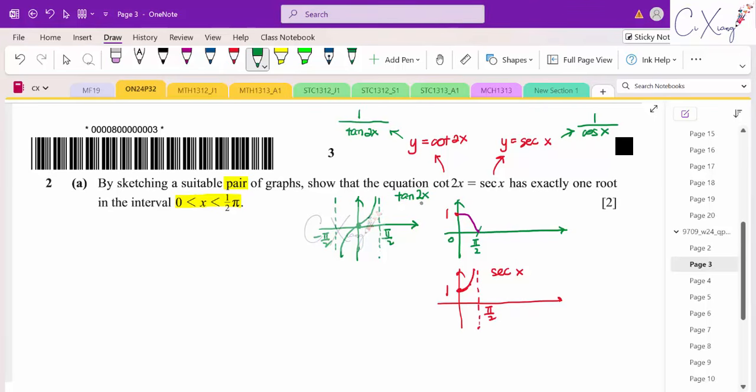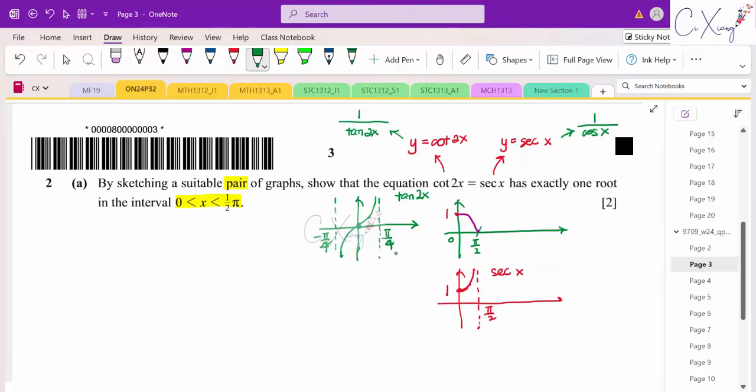Because the stretch factor in x is actually the half, right? So you multiply all the coordinates of all this by half. Okay, if I multiply all the x coordinates by half, I will have pi over 4 now. Because originally it's pi over 2. You multiply with half, therefore you have pi over 4. Same thing happened for this one.